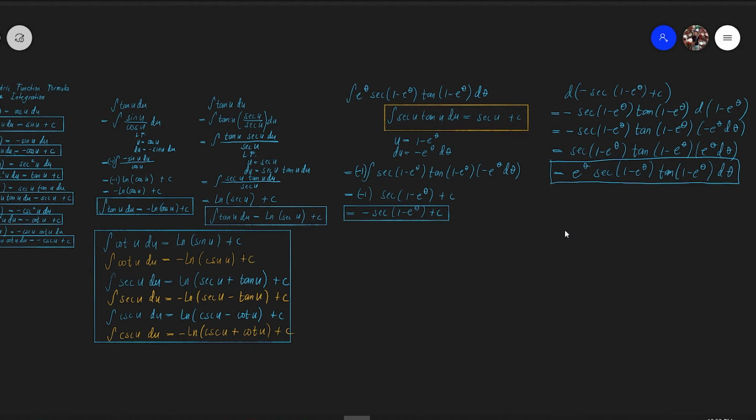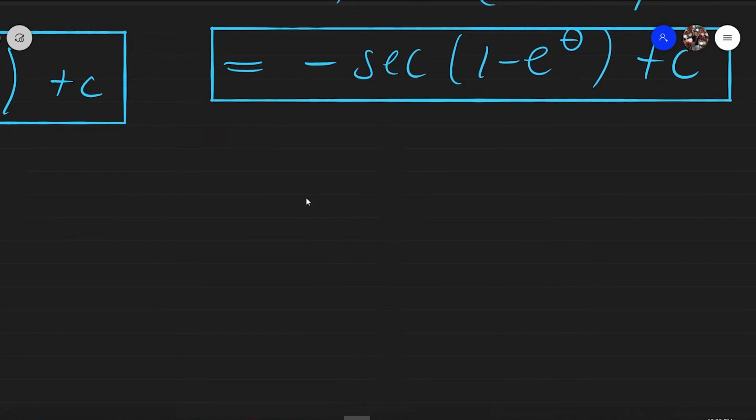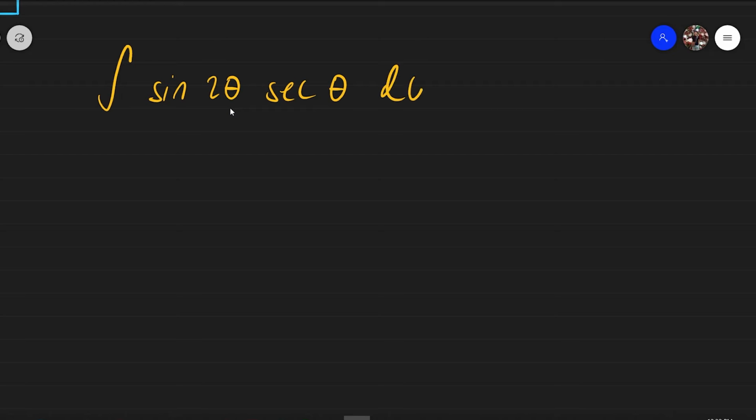Okay, let me have another example. We have here example problem number 2. I have here the integral of sine 2 theta secant theta d theta.